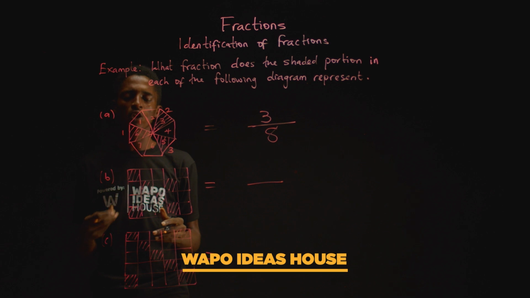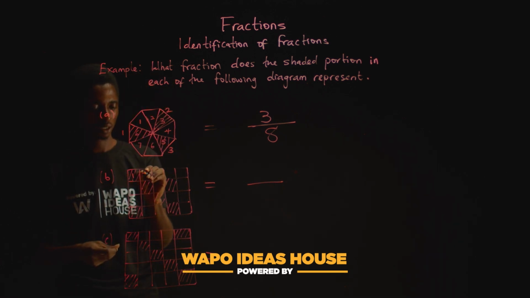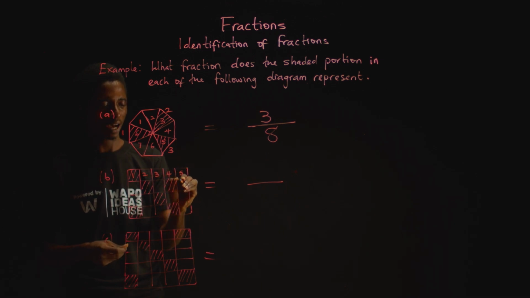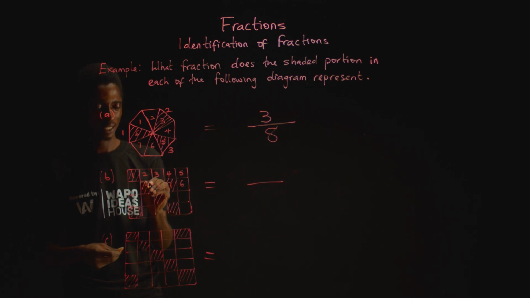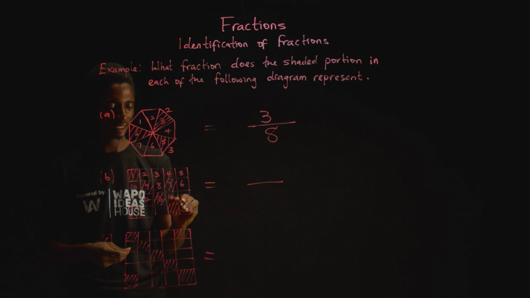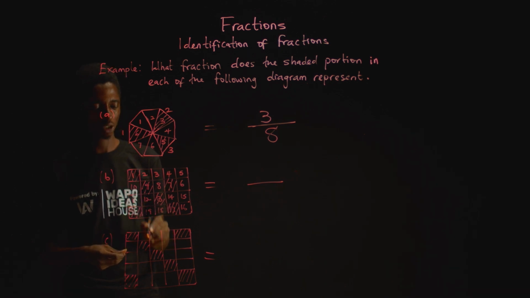To the second we go. Let's count the number of equal parts that it has been divided into. We have 1, 2, 3, 4, 5, 6, 7, 8, 9, 10, 11, 12, 13, 14, 15, 16, 17, 18, 19, and 20.